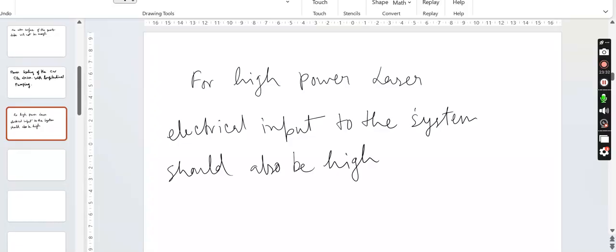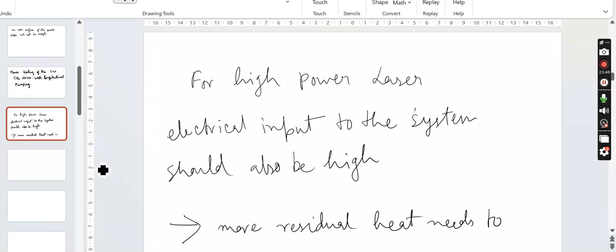That essentially means that more residual heat would be required to be removed from the lasing medium.